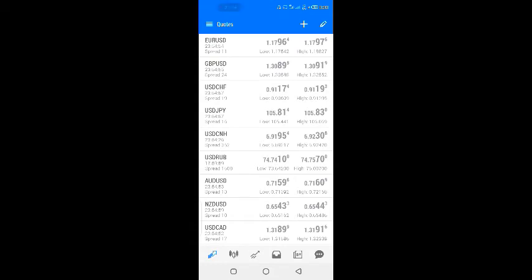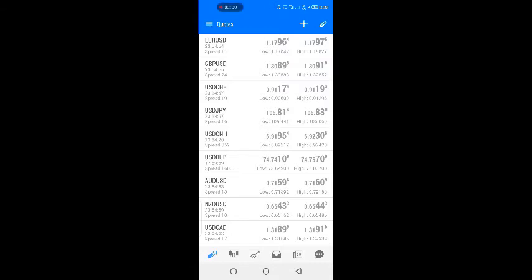Alright, let's move forward. Let's forget the first column and focus on the ask and bid column. Let's use Euro USD as an example. We have 1.1796, 1.1797. If you remember the training on how to calculate your pip, the difference between these two is just 97 minus 96.